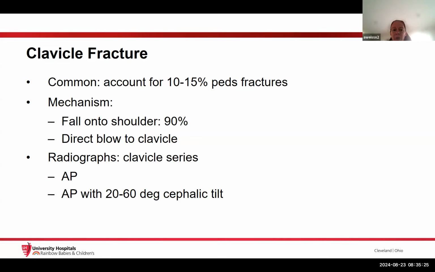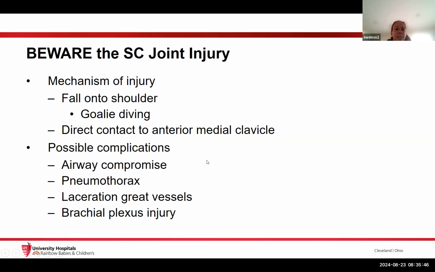It can happen with a direct blow, but usually they are falling onto a shoulder. You do not need to specify radiographic series unless you're not in a regular hospital system. If you just say clavicle series, you'll get an AP and an AP with a 20 to 60 degree tilt, just so you know what a clavicle series is.